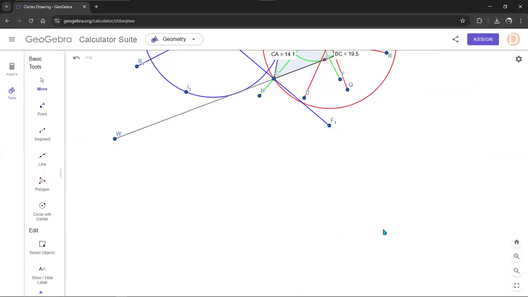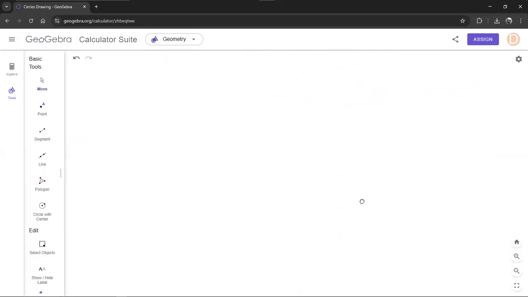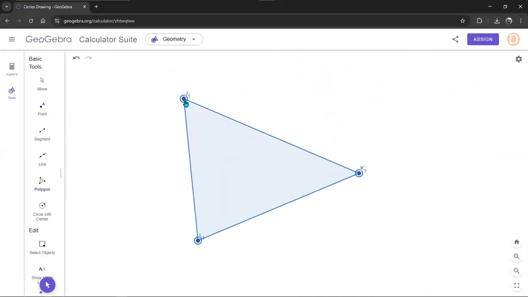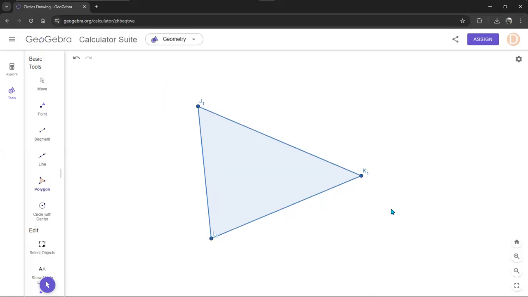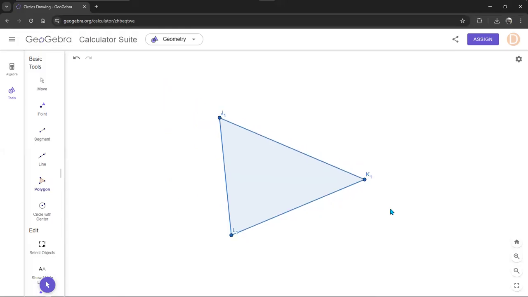So let me just create another one right here. For the polygon, we're just using any triangle. In our case, we have JKL, but since we had JKL previously, this one now is J1, K1, L1.